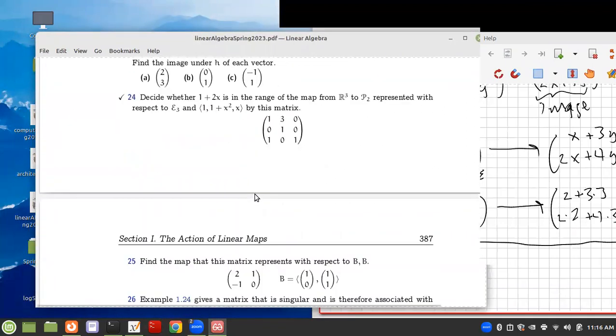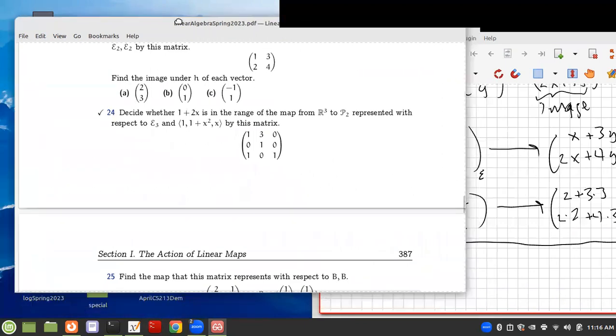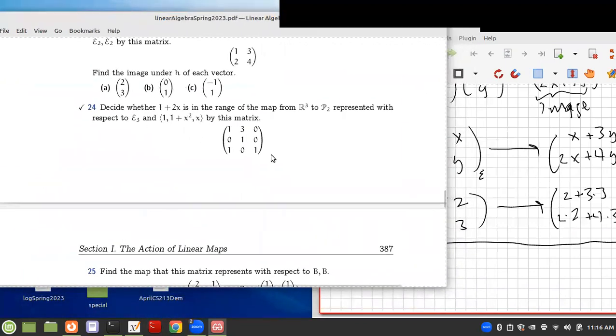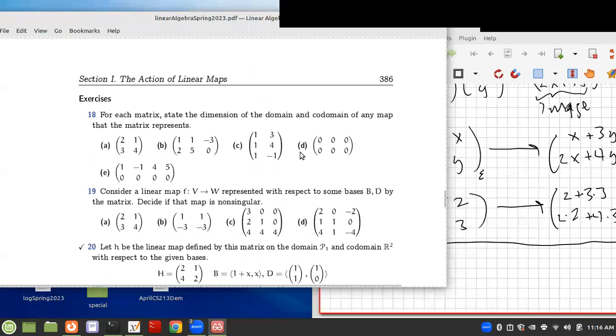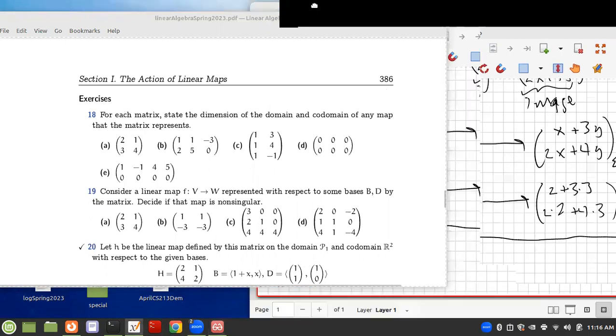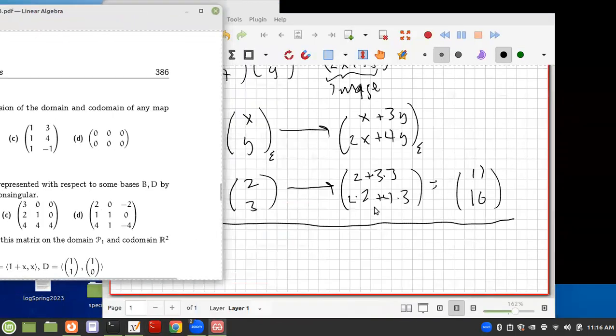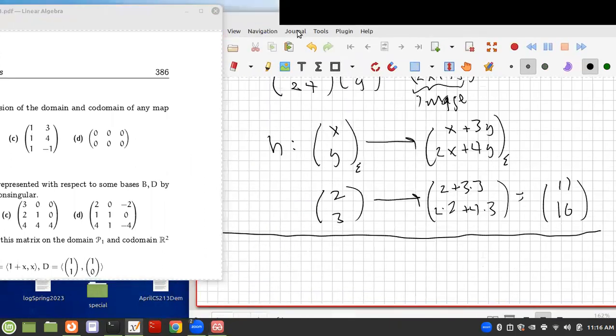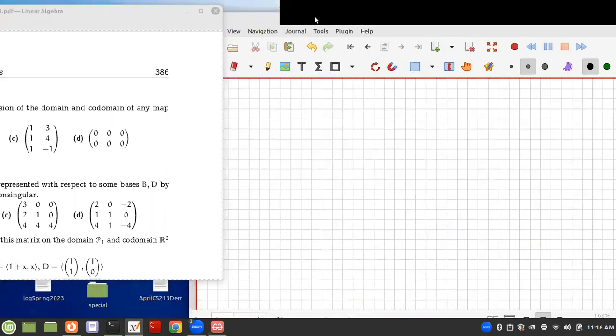So here's maybe a little bit, let's go to problem 24 and try 24. This is one of those that strikes fear in your hearts because it involves polynomials. Let me write the problem down here.